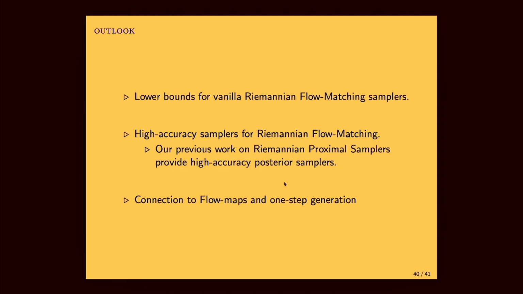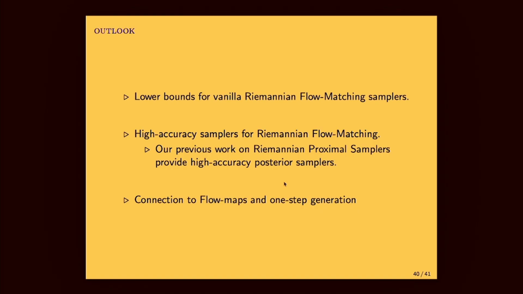And in fact, there might be some connections between the flow map approach and more sophisticated integrators used to solve the flow matching ODE itself. So those are some very interesting questions. And in particular, we had this previous work on high accuracy, meaning log of 1 over epsilon type of guarantees, for Riemannian posterior samplers. So can we extend similar ideas to this flow matching setup?